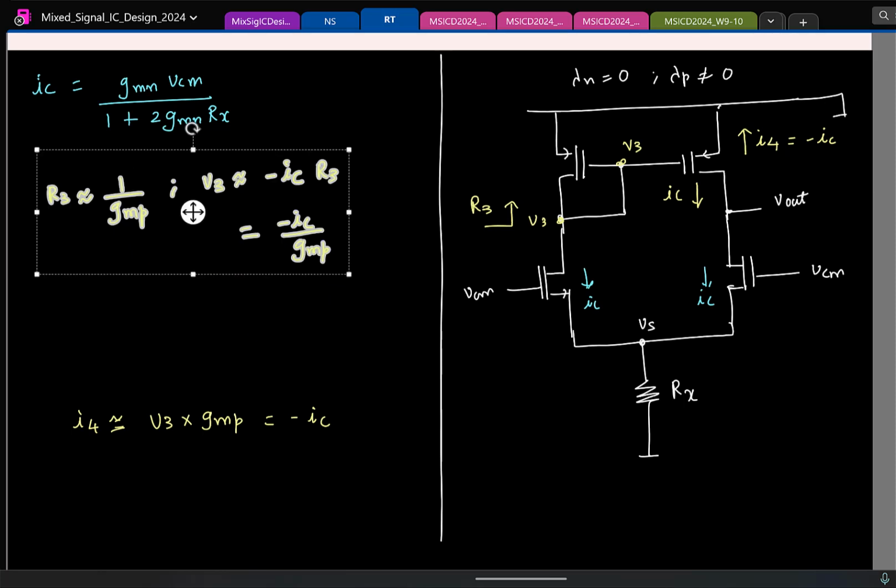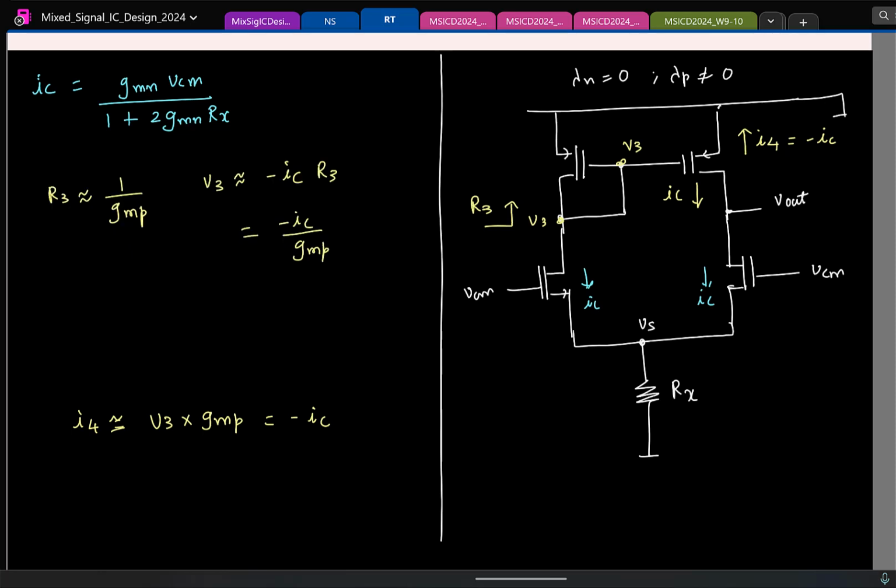So what is R3 exactly? R3 is RDS of the PMOS in parallel with 1 by GM.